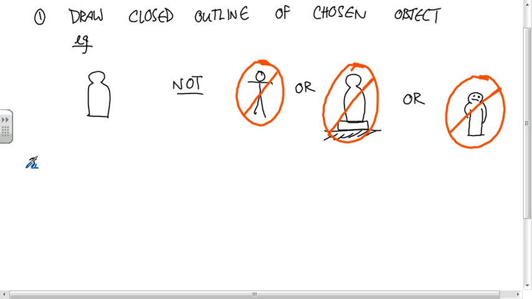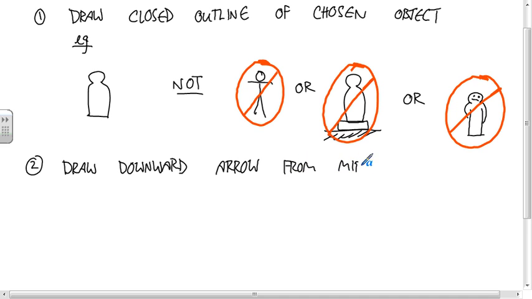The second step is draw a downward arrow from the middle of the outline and label it with mg.